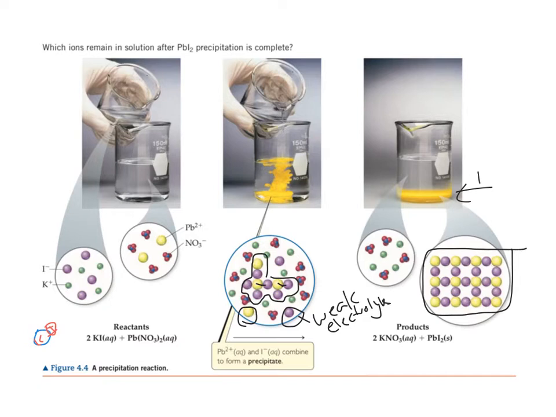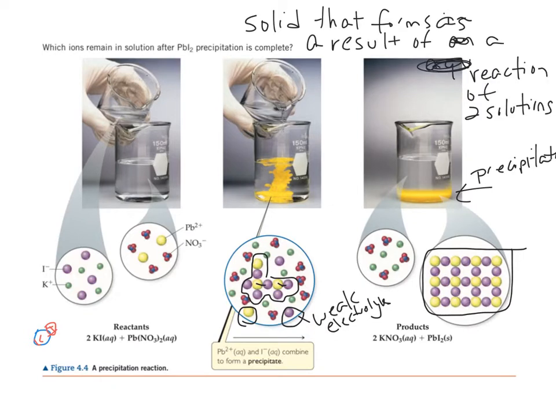That's called a precipitate. I have that written on your paper. The definition of a precipitate is a solid that forms as the result of a reaction of two solutions. That's what a precipitate is.